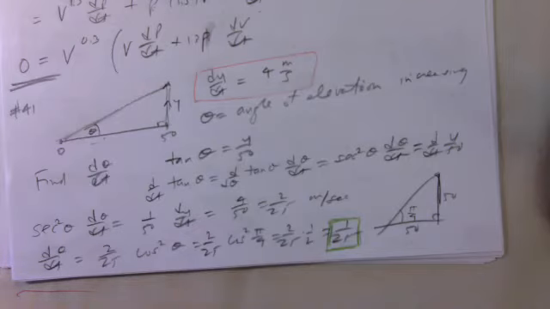So that is the whole homework set. And it's really worth going over these problems and doing some others, because it takes some time to learn how to solve these problems on related rates.